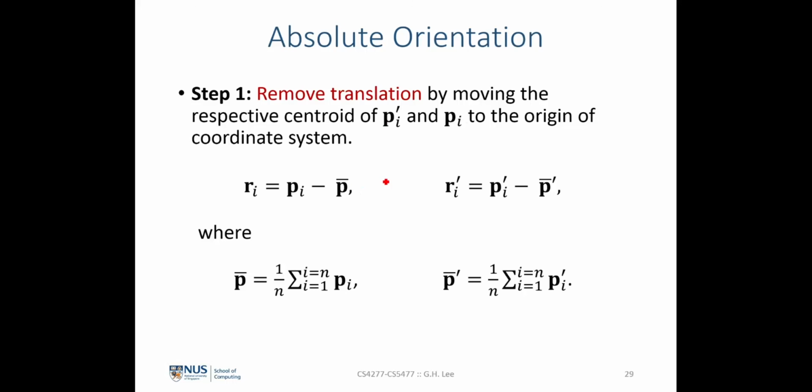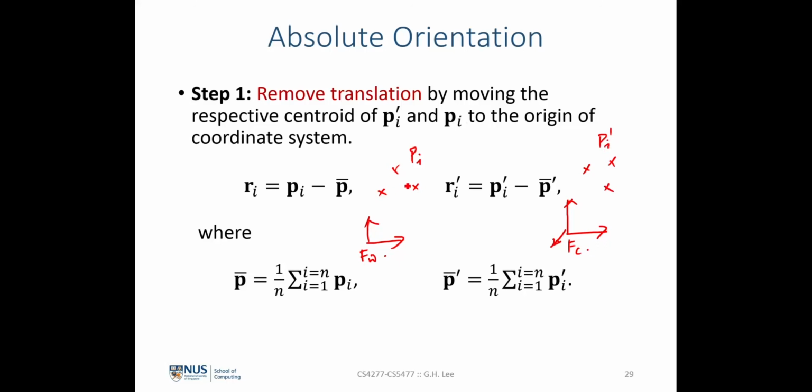The way to remove this is first to compute the centroid of the respective set of points. Suppose that we have 3 points represented in the world frame, and I call every single point Pi, and I have another set of points represented in the camera frame, which I represent as Pi prime.